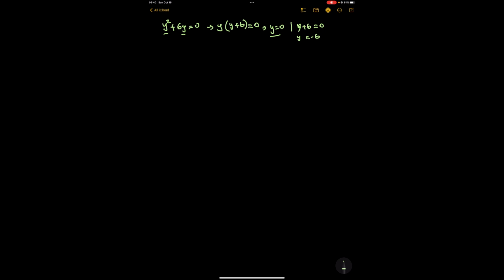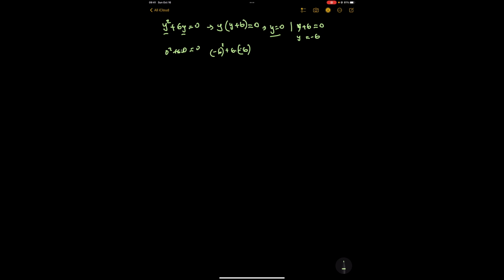Let's check if that is right. If y equals 0, we have 0 squared plus 6 times 0, which is equal to 0. Or if it's negative 6, we have negative 6 squared plus 6 times negative 6.